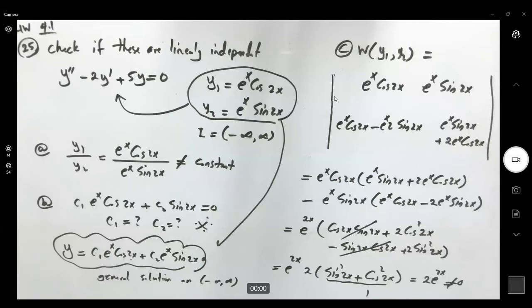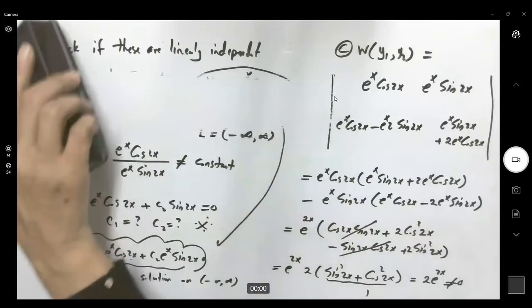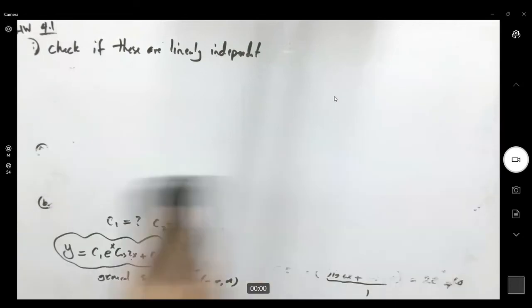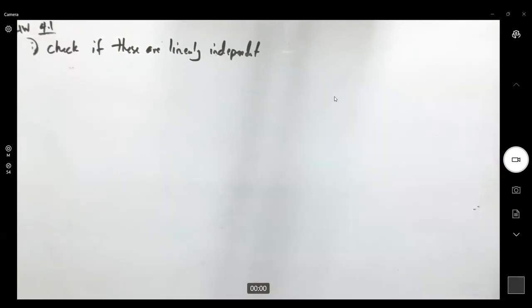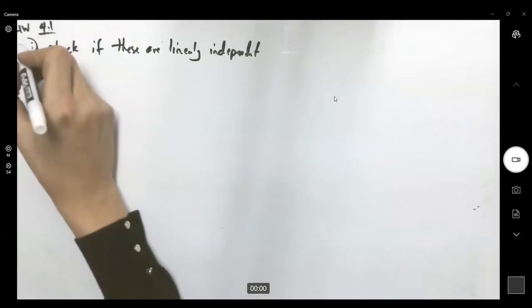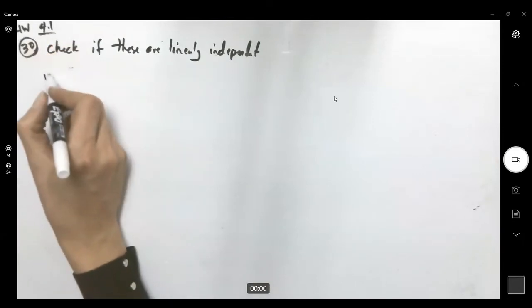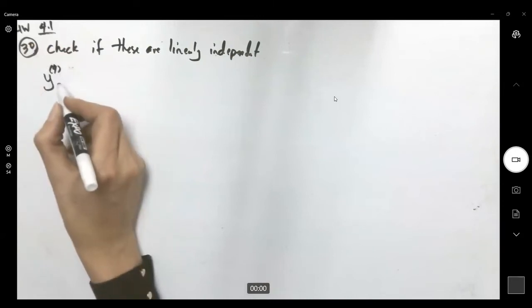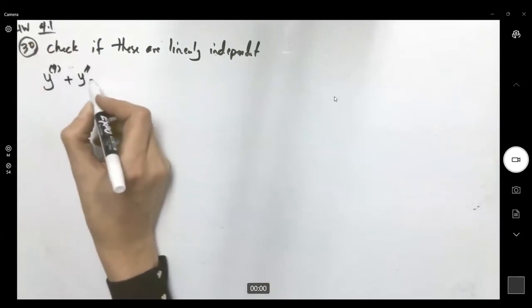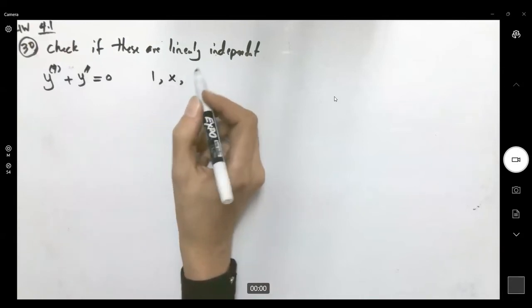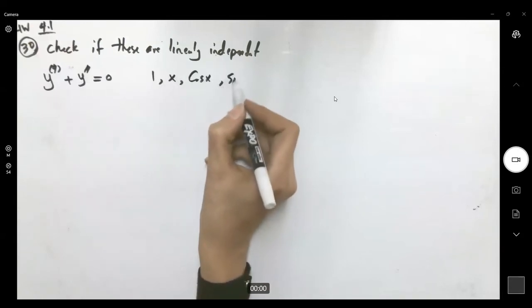The same for question 30. Question 30 says we have the fourth derivative of y plus the second derivative of y equals 0. You have 1, x, cosine x and sine x.